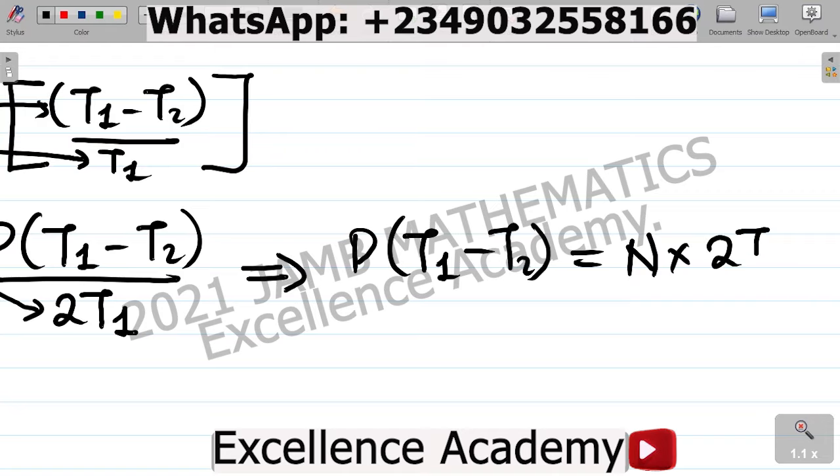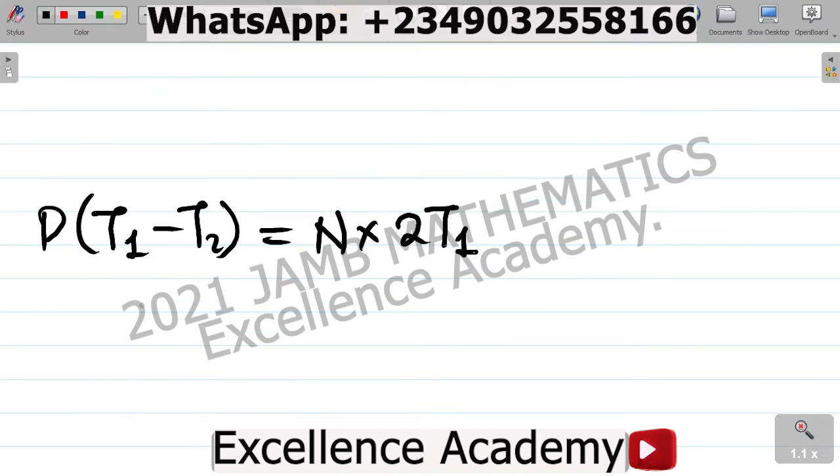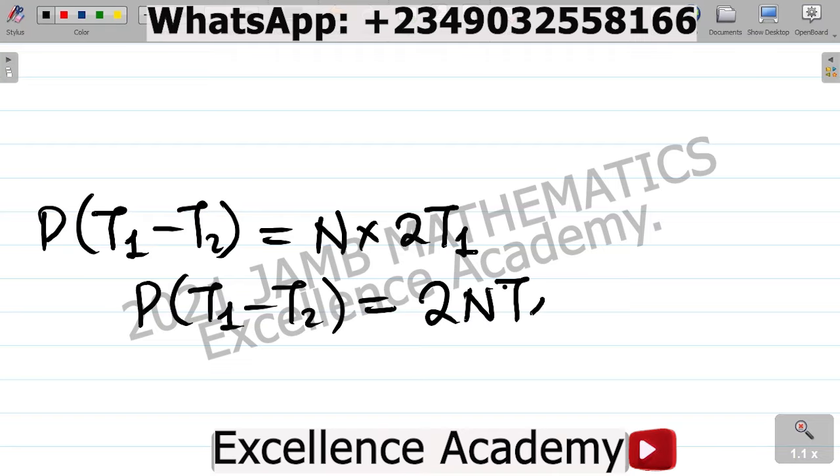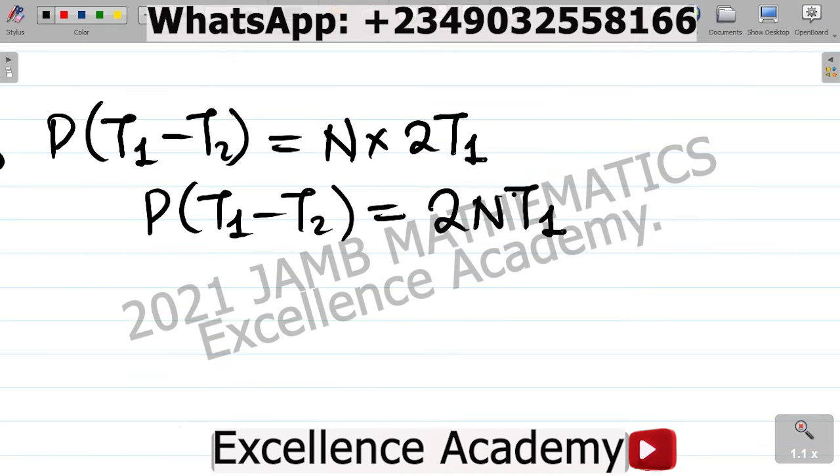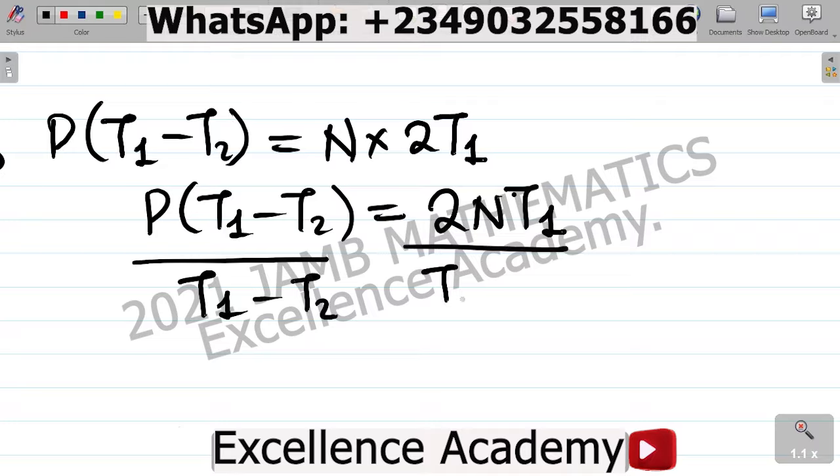If we work on this, it will give you p into t1 minus t2 is equal to n times 2t1 gives you 2nt1. To get the value of p, I will divide here by t1 minus t2. Divide here by t1 minus t2.